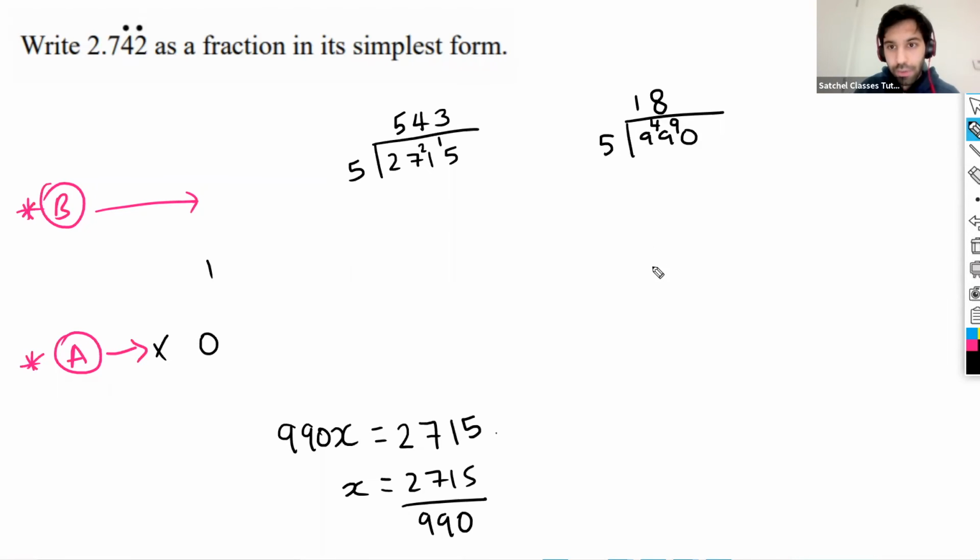Sorry, I've got this completely wrong, haven't I? 5 times 9 I should have written. Whoops, that is really bad. So 5 times 9 is 45. So the remainder is going to be 4.